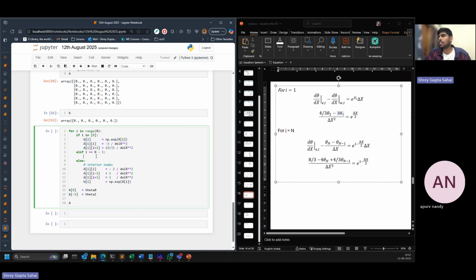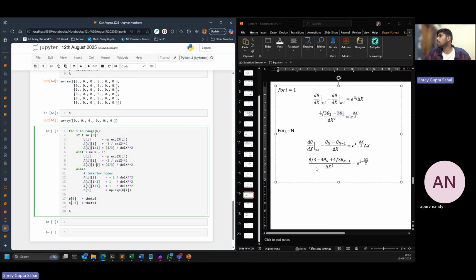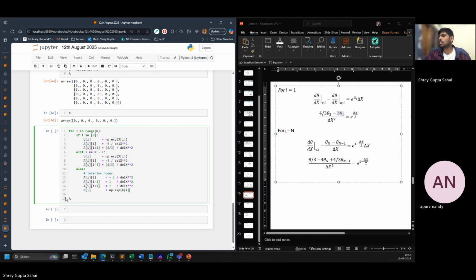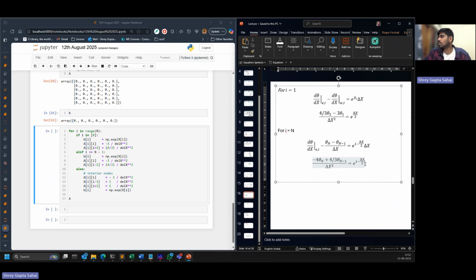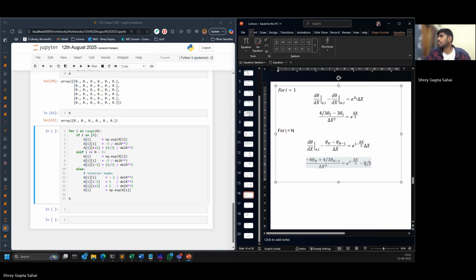Let me rewrite this entire thing. This time bi and then i minus 1. What will be the bi value? The bi value will be this only. This is okay. So we don't need these two terms. Remove this. An important thing is that this 8 by 3 has to go here. So now this should be b minus 8 by 3 del x square.